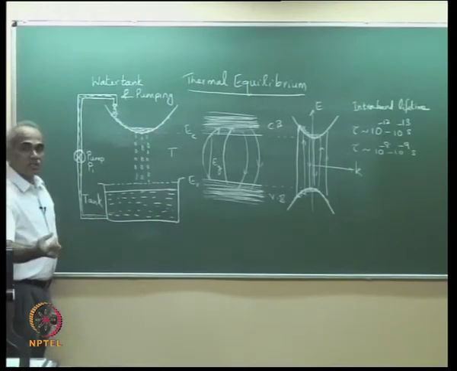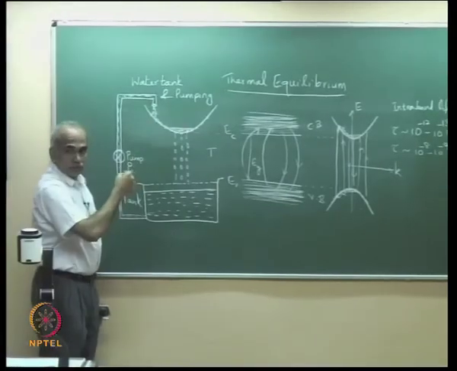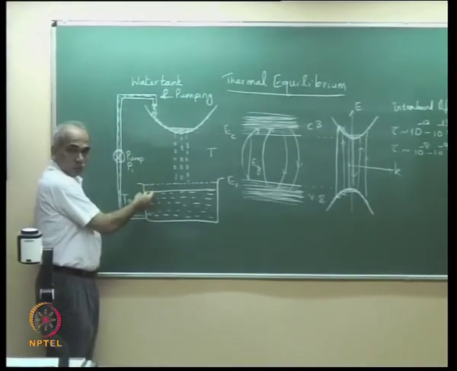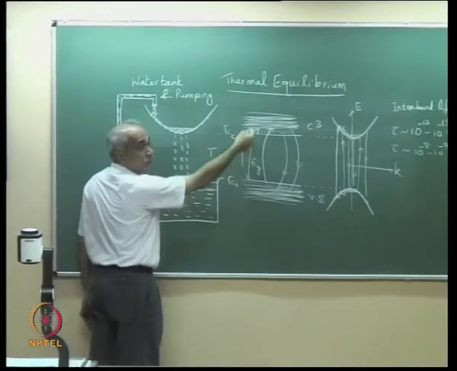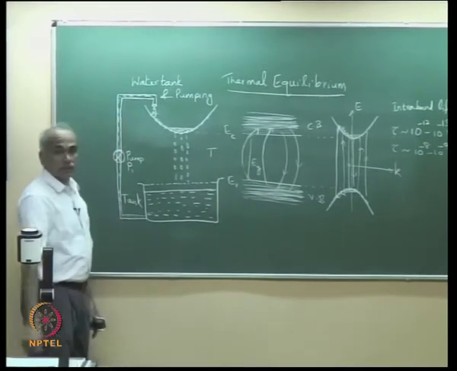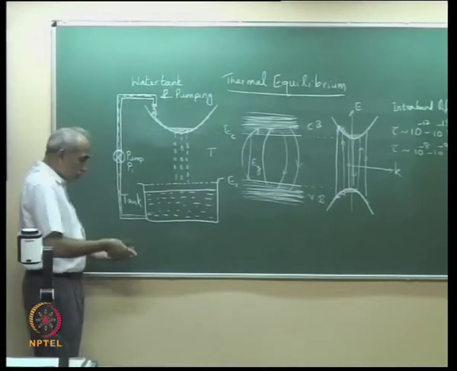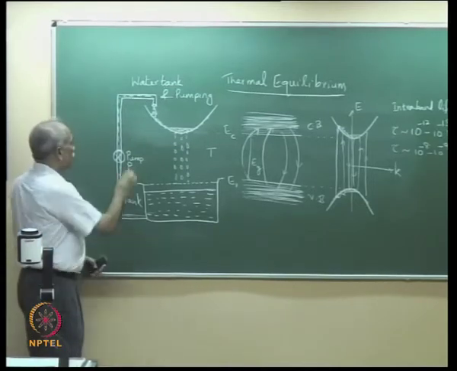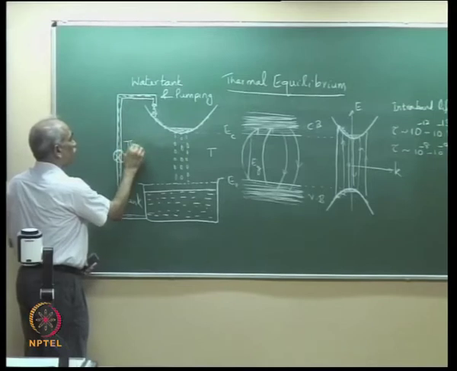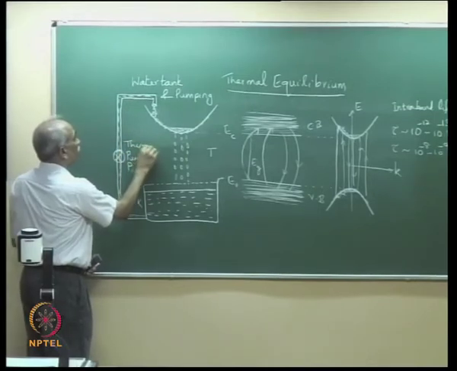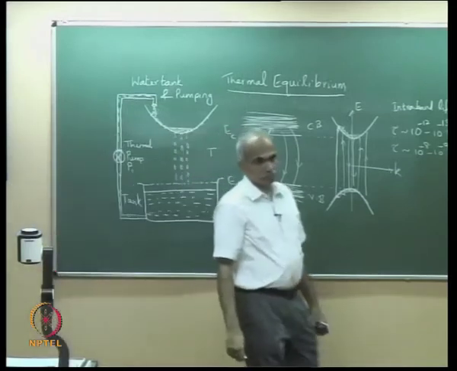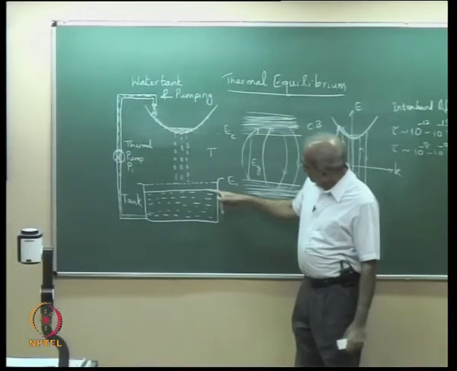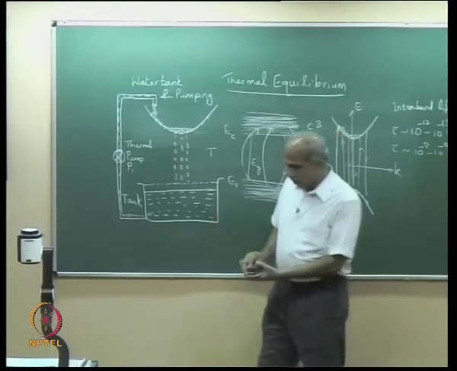You compare this water to electrons and the vacancy to holes. So electrons are pumped up because of temperature, because of thermal energy. This pump is for thermal energy, so I want to call it a thermal pump or temperature pump. So there is a steady state here.